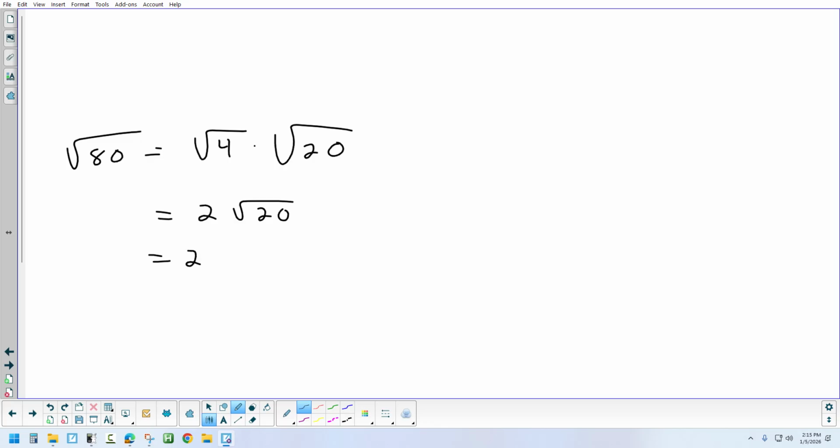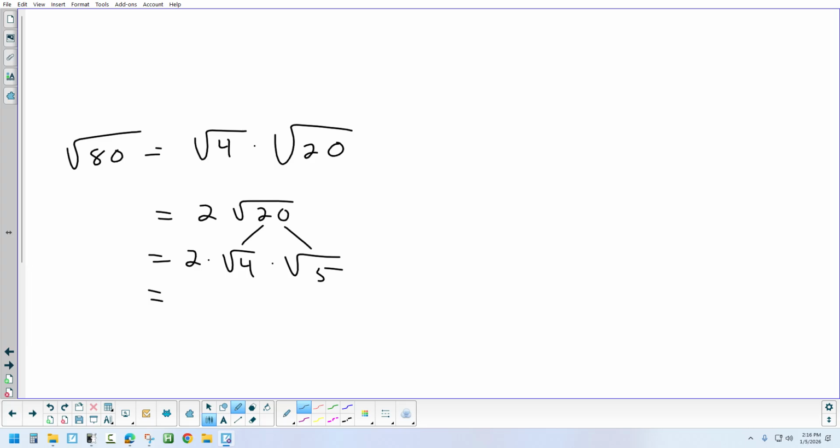So the 2 is going to stay right where it is, and let's break this up into 2. Does anybody remember how we broke up 20 earlier? 4 and 5. Now we have a square root here again that we can simplify.